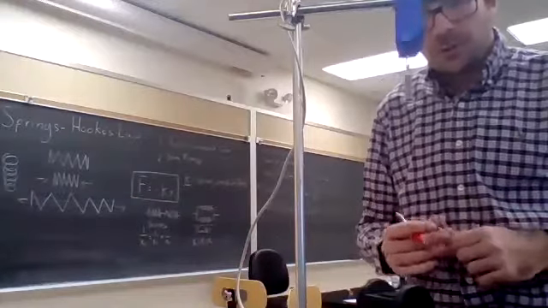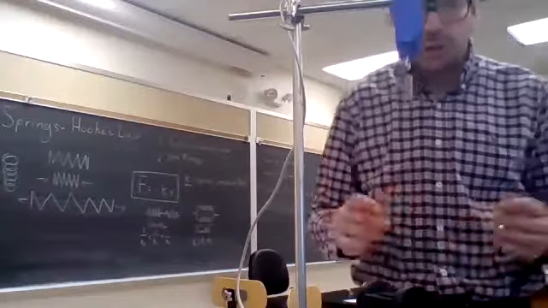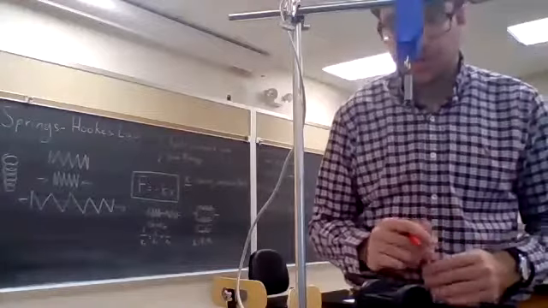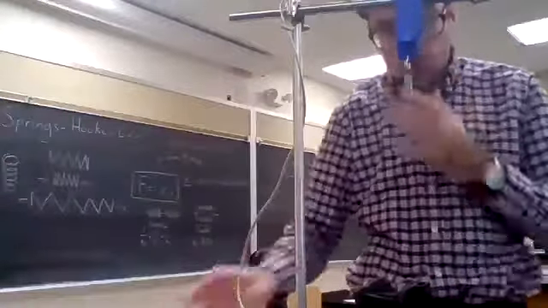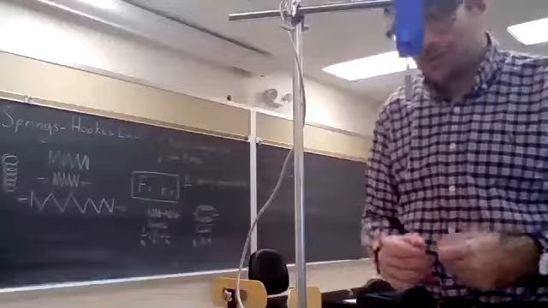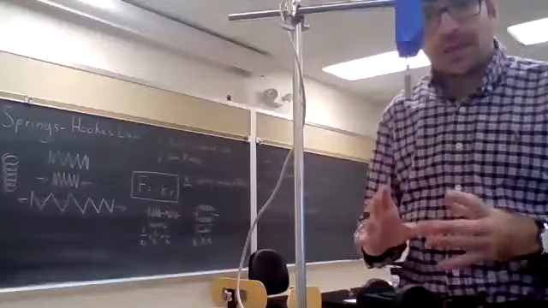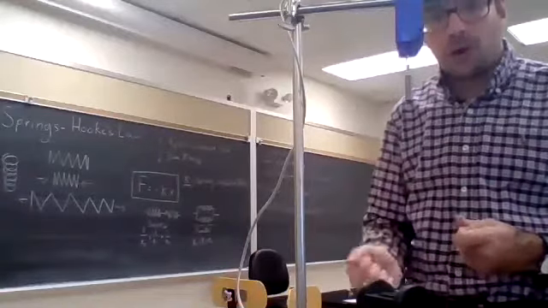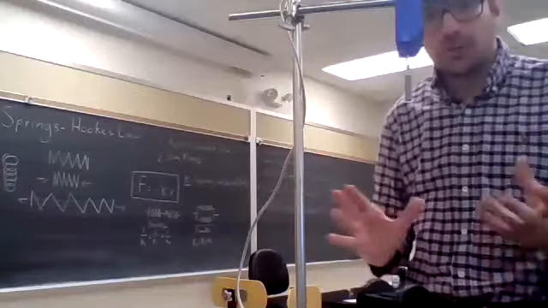So if you're getting negative numbers, you'll probably have to reconsider what's going on there. Be sure to be careful with how you're setting this up so that you're capturing how far the spring is getting displaced in each of the trials.